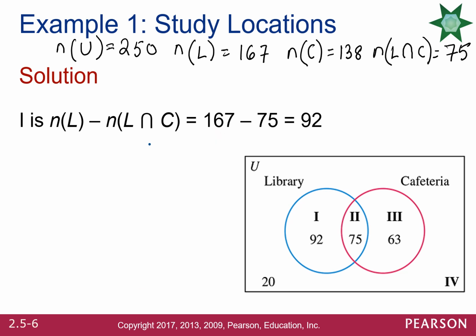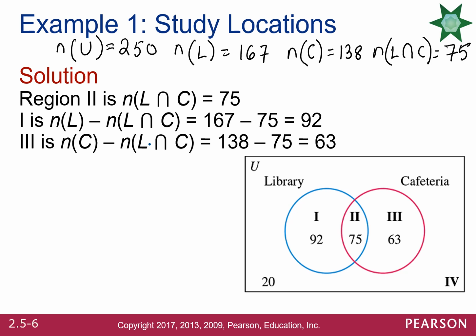All right, so now what happens with region 2? Let's see. Region 3 is what they work on first. So region 2, we already have that filled in, right? We start with that. So region 3 is the cardinal of C, which is 138, minus the common overlapping region, correct?